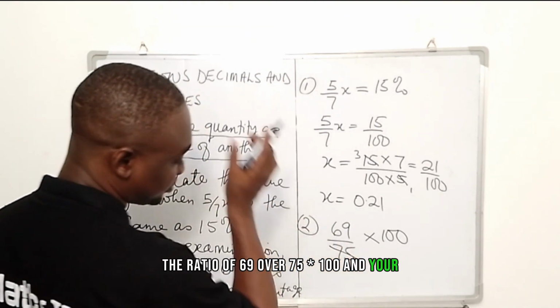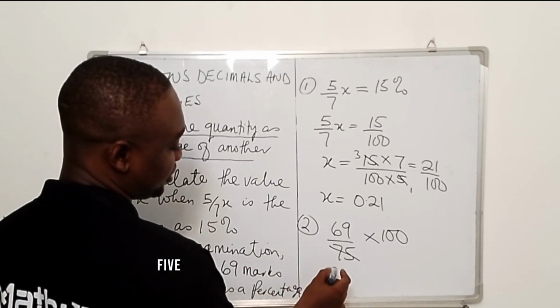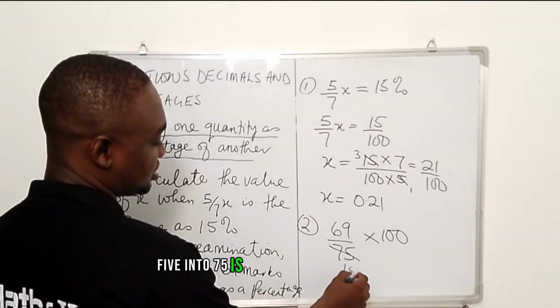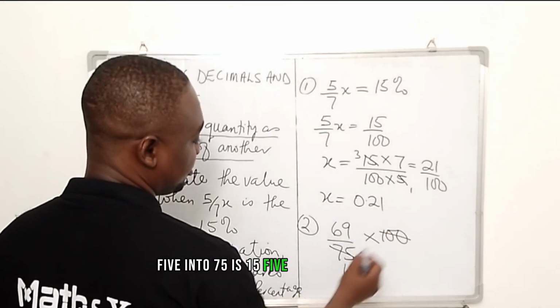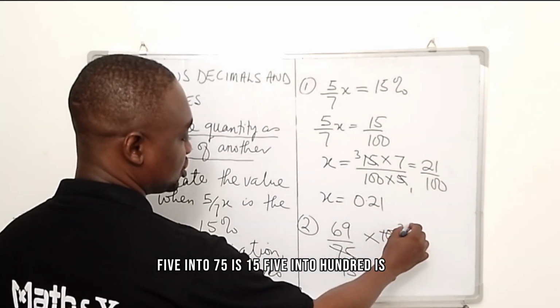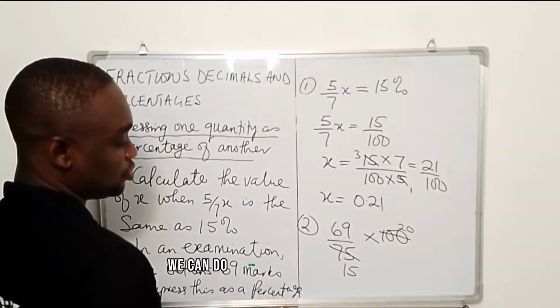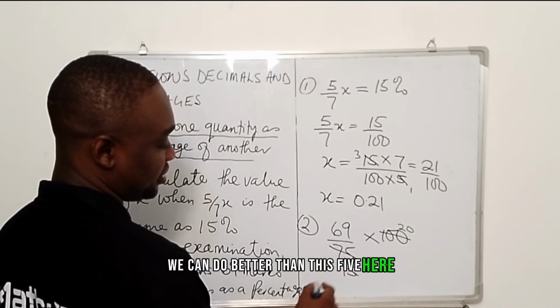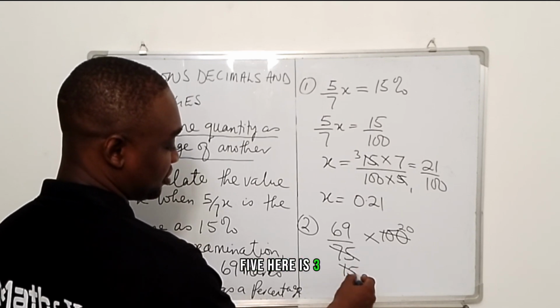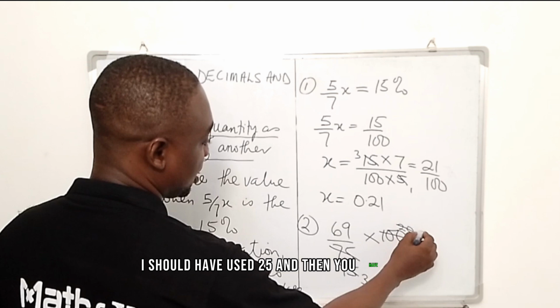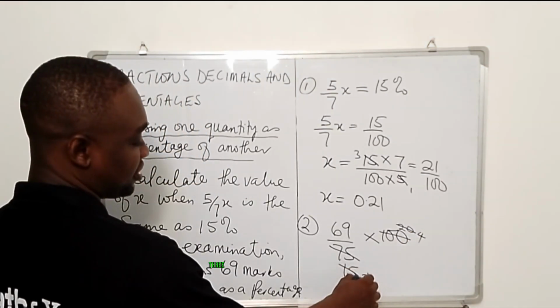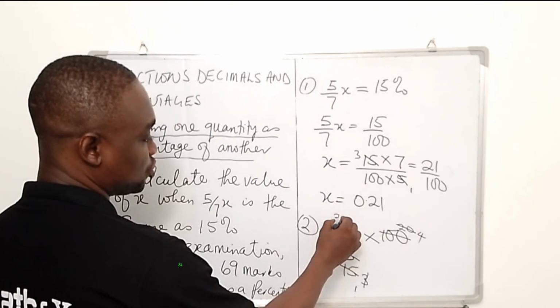And your 5 into 75 is 15. 5 into 100 is 20. We can do better than this. 5 here is 3. I should have used 25. And then you have 4. 3 here, 1. 3 here, 23.